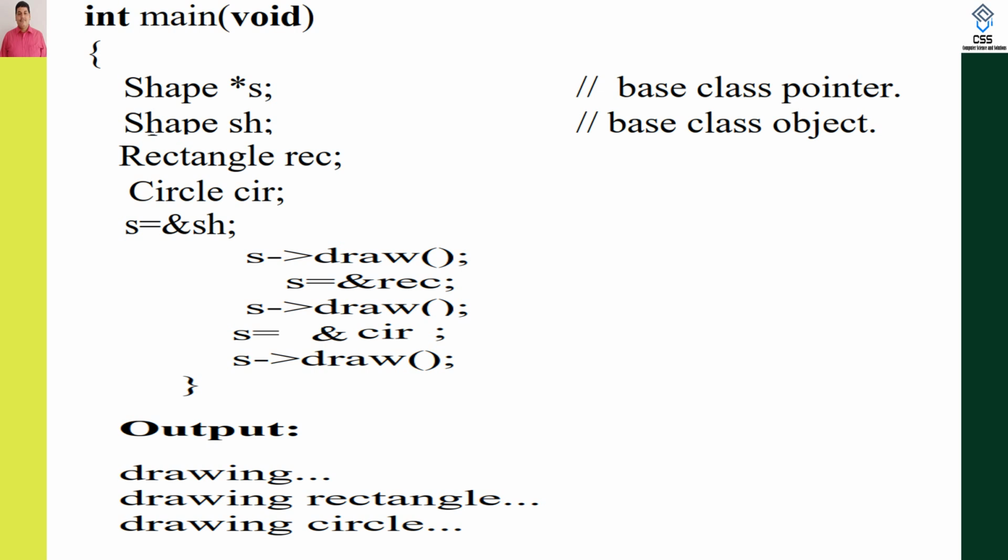But if you don't use virtual, then even if you are storing the child class address, it will always call the parent class. Without virtual, it will display three messages: drawing, drawing and drawing. And hence, what is the requirement of virtual? By making it virtual, we can take the parent class pointer object and store the addresses of all the objects of the child classes.